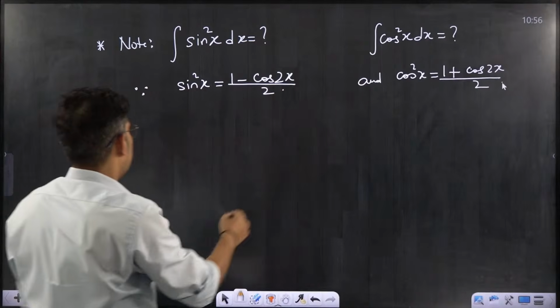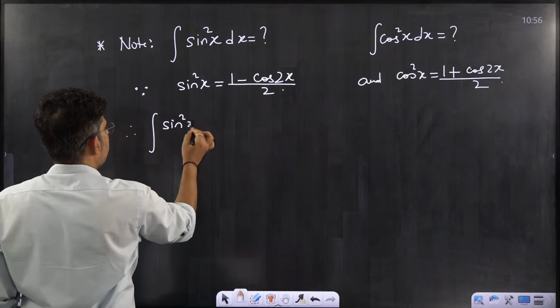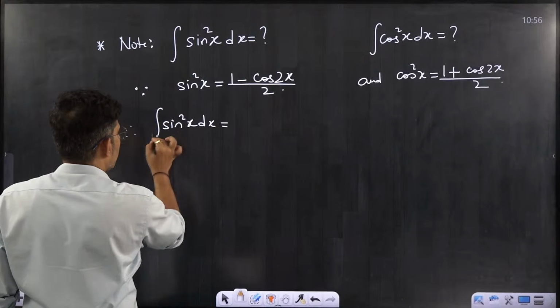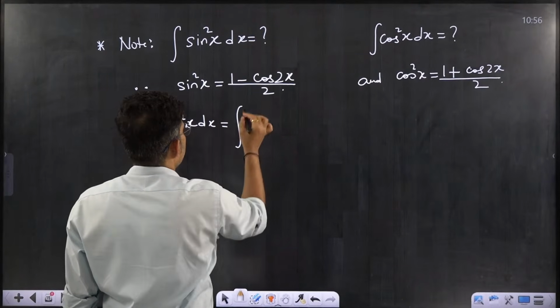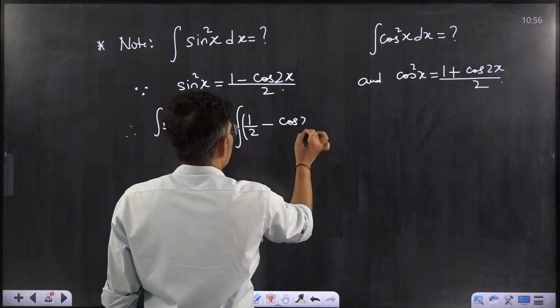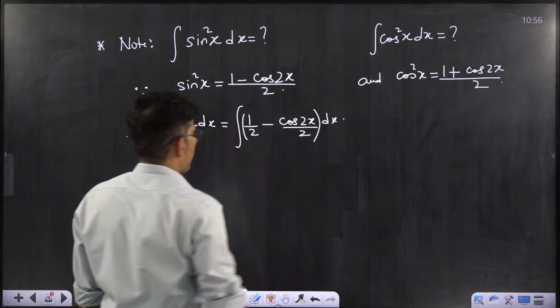So if we know this, then whenever you see sine square x integration coming, what you have to simply do is transform it. This is called the transformation method. Sine square you can write as 1 by 2 minus cos 2x by 2, dx.